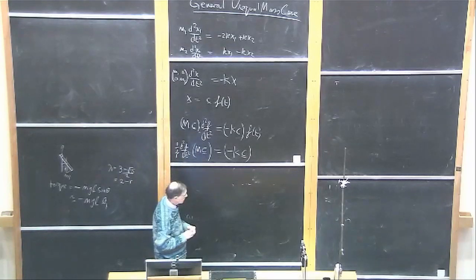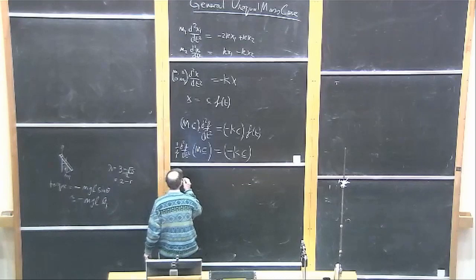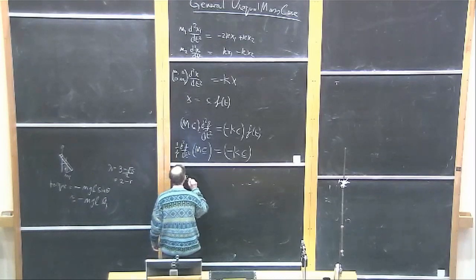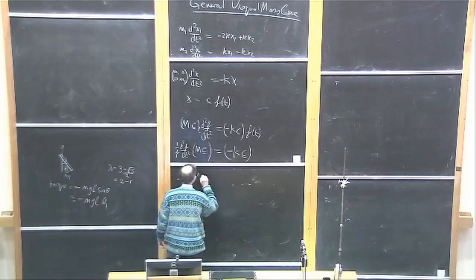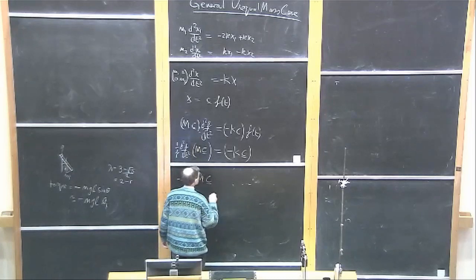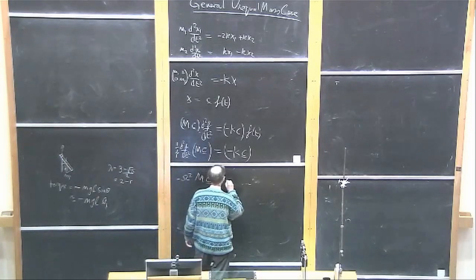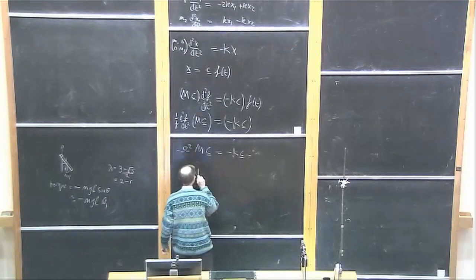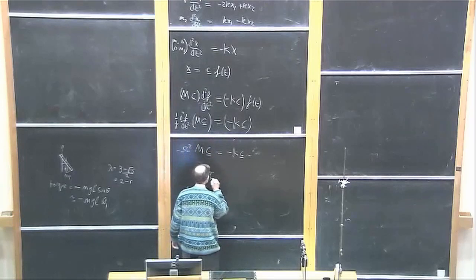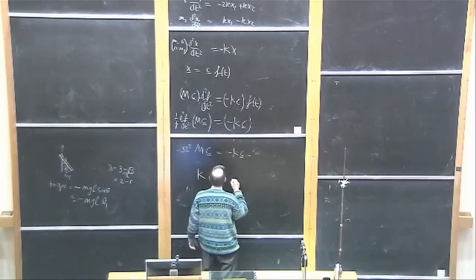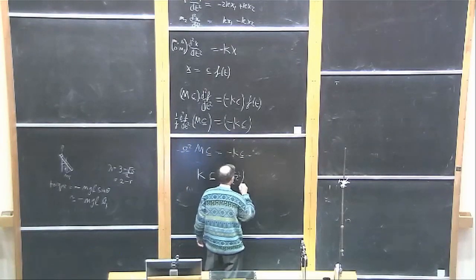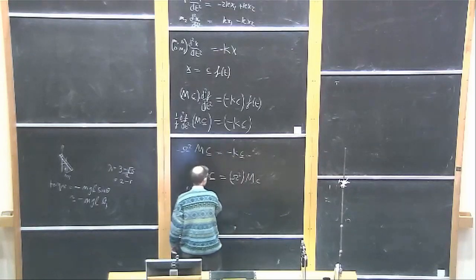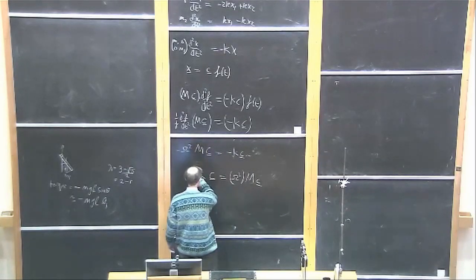Actually, in the notes I call it omega squared, so why don't I do that? I'm going to call that constant minus omega squared, Mc equals minus Kc. And so we've ended up with a kind of eigenvalue equation, but it's got an extra matrix in it.